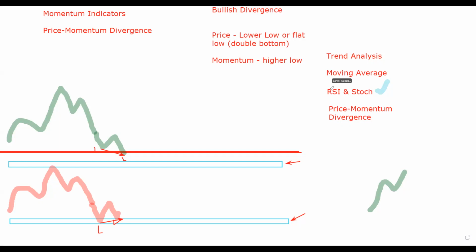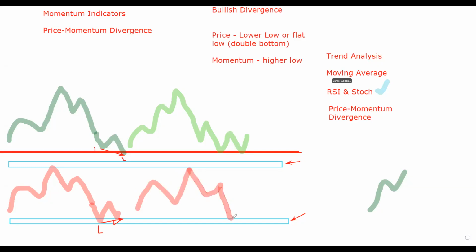And the variety of that is that, let's say price just continues to go up again, and then now comes here to give us a flat bottom like this. All right. But the momentum indicator, instead of giving us a flat bottom, it now gives us what?